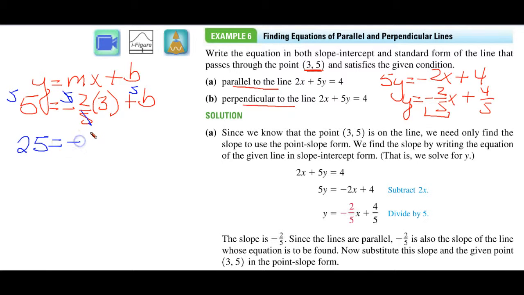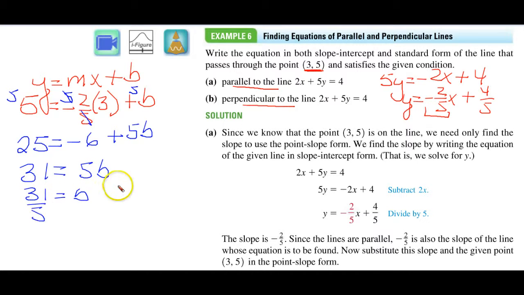This is going to be a negative 6 plus 5b. Okay, so now we're going to transpose this. This becomes 31 equals 5b. So what is our b value? Well, we're going to divide both sides by 5, and we get b is 31 fifths.